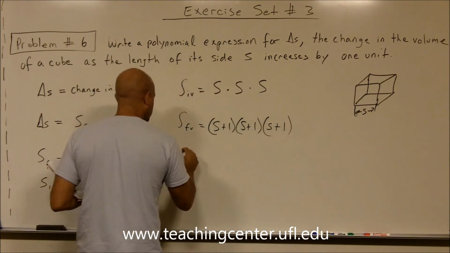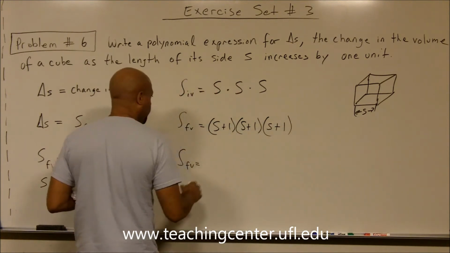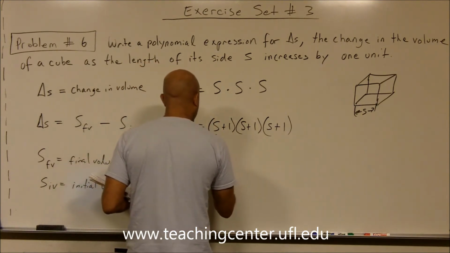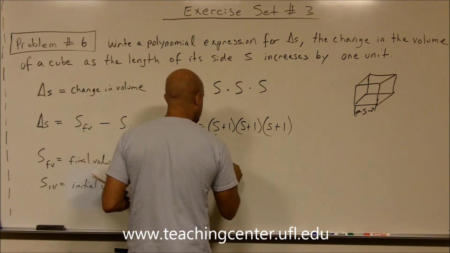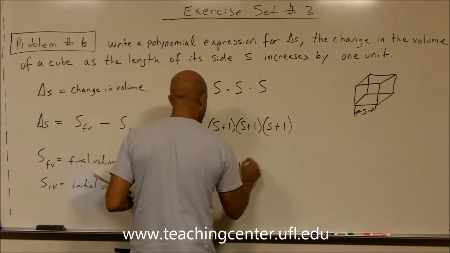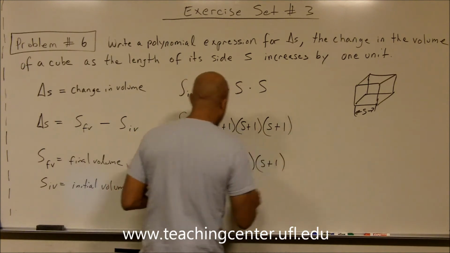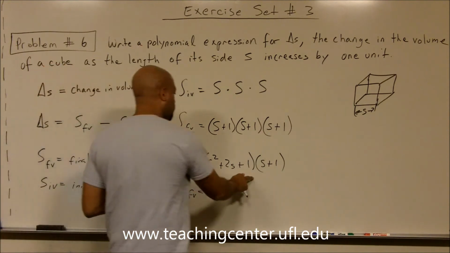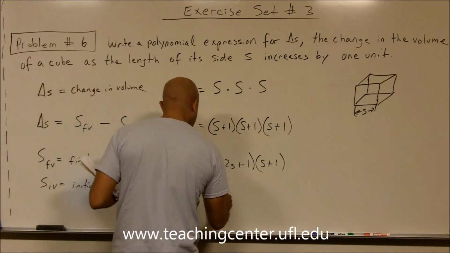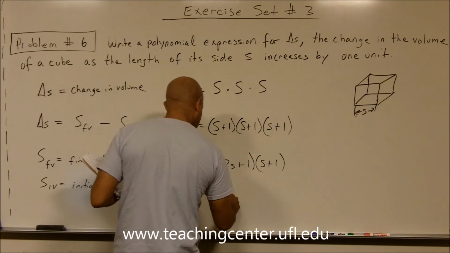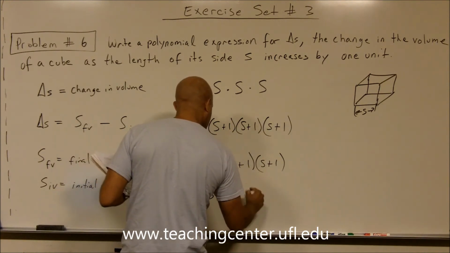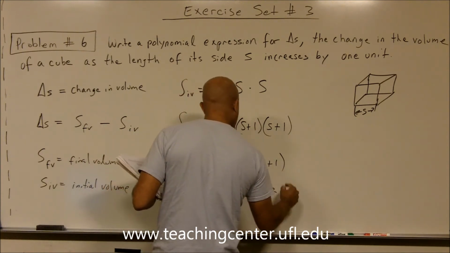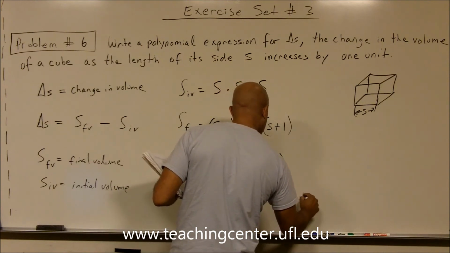And we can rewrite the final volume if we expand out and then simplify, so that we'll get S squared plus 2S plus 1 multiplied by S plus 1. And we can now multiply these two factors so that we'll get S cubed plus 2S squared plus S squared plus 2S plus 1.